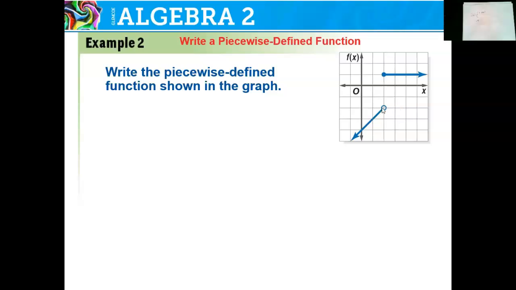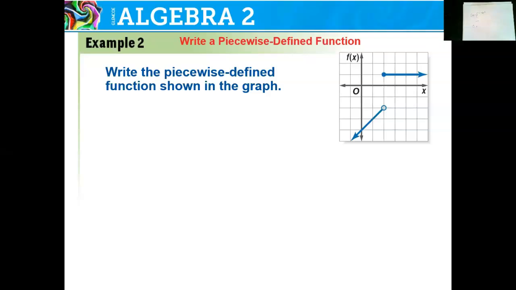If I go to the left, I have to drop 1, and then I go left 1. And then you see how I cross on a grid line. It's an easy way to find the slope. Remember, slope is always expressed in rise over run, or the change in y over the change in x. So as we went to the left, y had to go down 1, and then x went left 1. So that's -1 over -1, which simplifies down to 1.